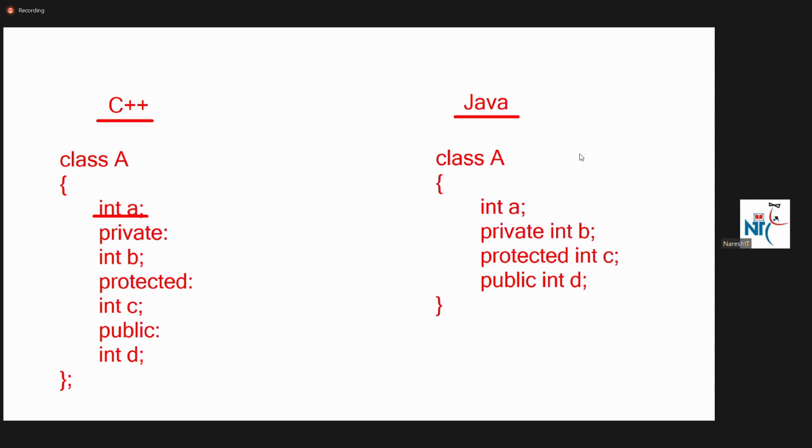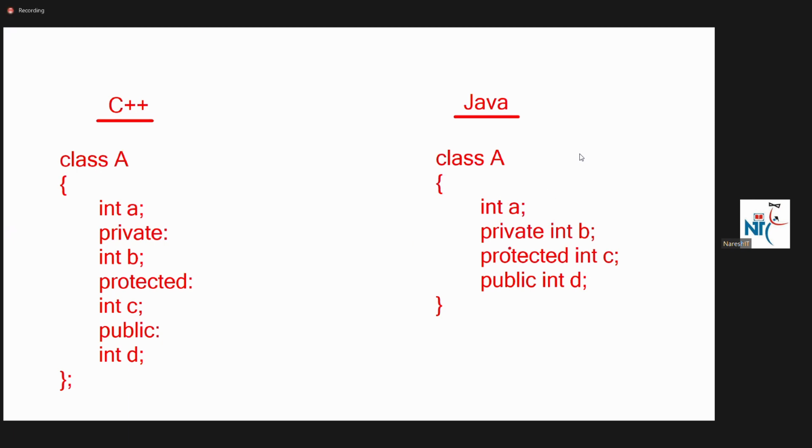If we don't write any access modifier in a C++ class, that access modifier is by default private. So this A and B are both the same. There is no change. Now A is also private, B is also private. If you don't write any access modifier in a C++ class, that is nothing but private.